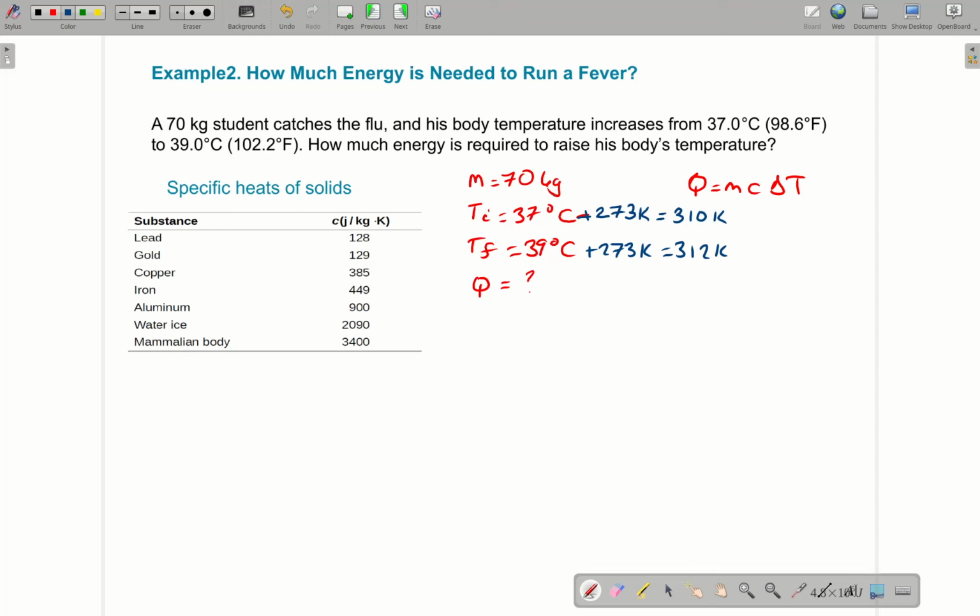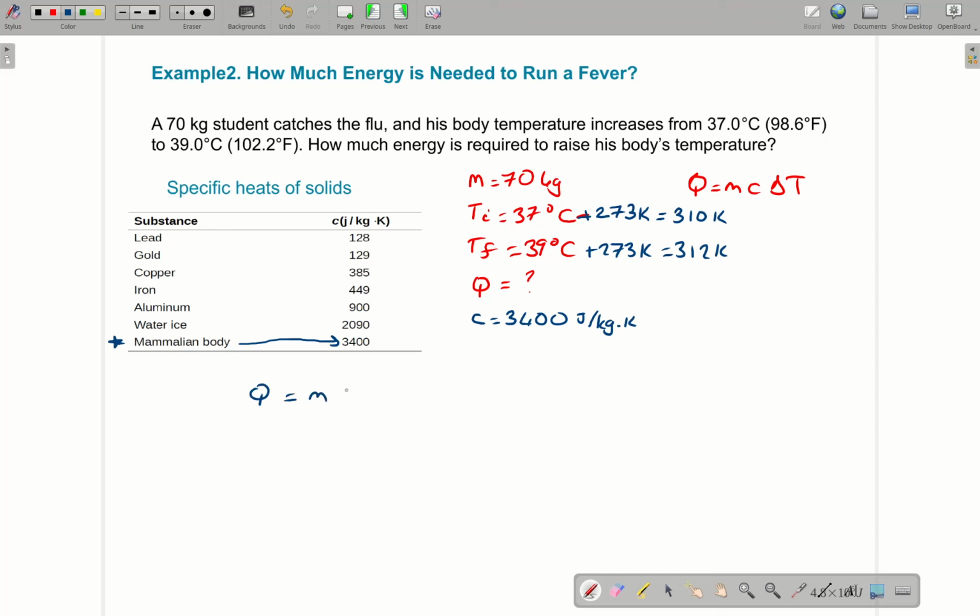All right. Mass is 70 kilogram. What is the specific heat? From our table, we can find the specific heat for a mammalian body to be 3400. So we'll use that. Unit is joule per kilogram Kelvin. And we'll calculate heat.